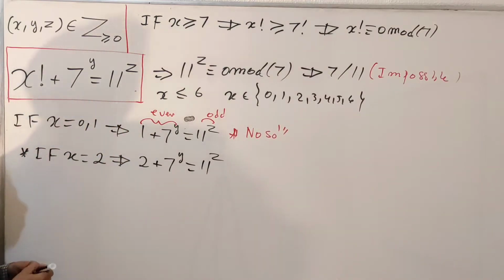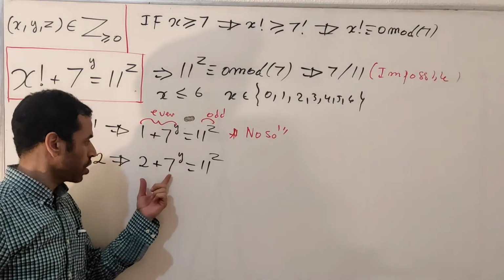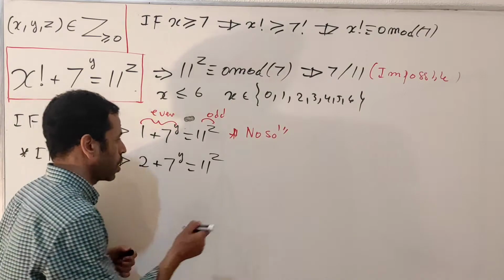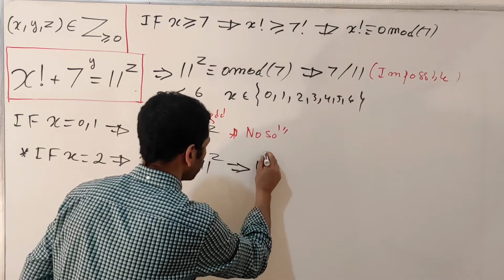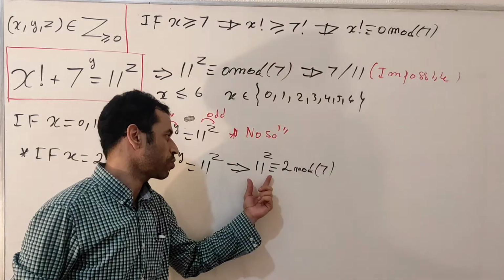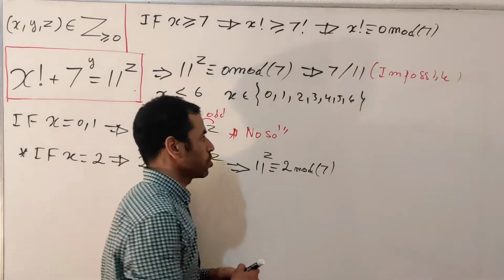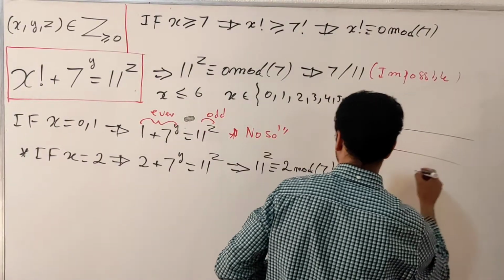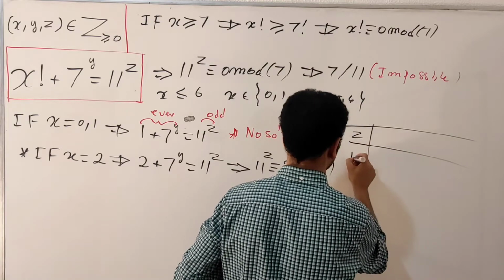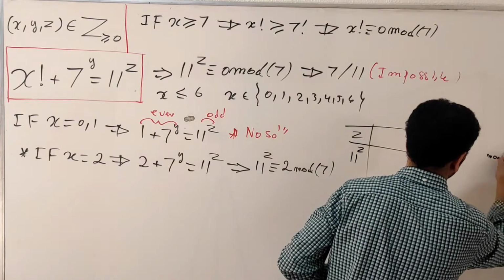I reduce this equation mod 7: this term is congruent to 0 mod 7, so 11 to the z is congruent to 2 mod 7, comparing the remainder of each term. So I will look at the values of z and the values of 11 to the z reduced mod 7.